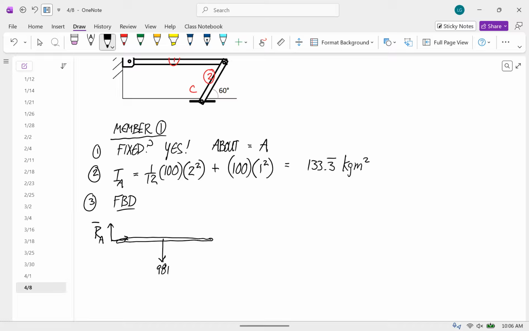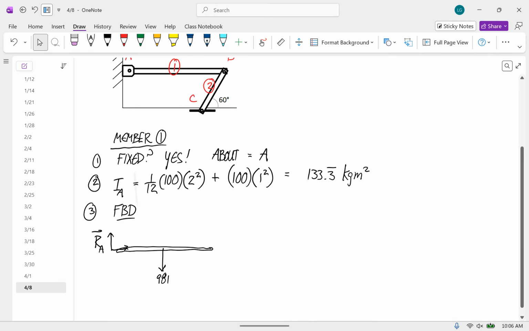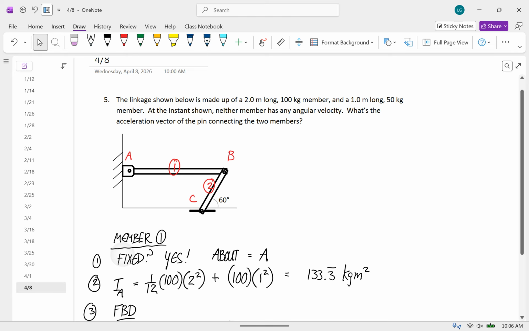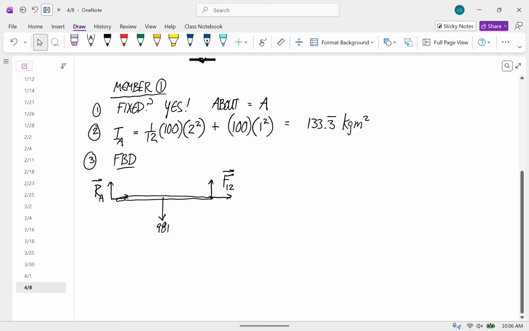It's unknown, so it's a full force vector. And then over here, we have the force vector, since that's also a pin, the force on 1 by 2. Any questions about that? And then we'll go to the table.